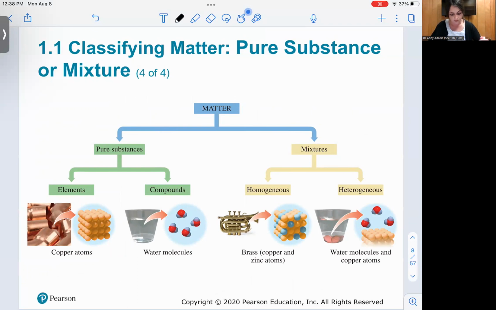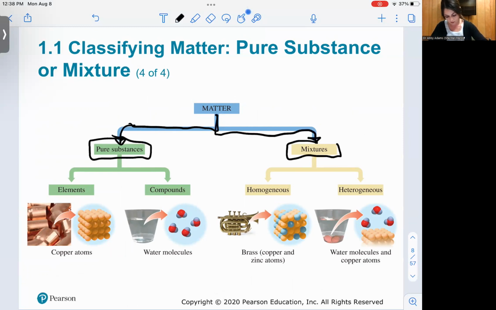So we have our diagram once again, just to remind us and give us more examples. I said the book is very thorough. We have our elements, like you see here. We have our copper atoms, so that's an element made of atoms.